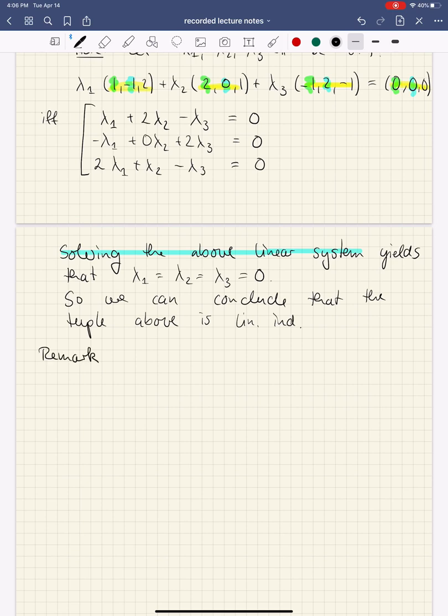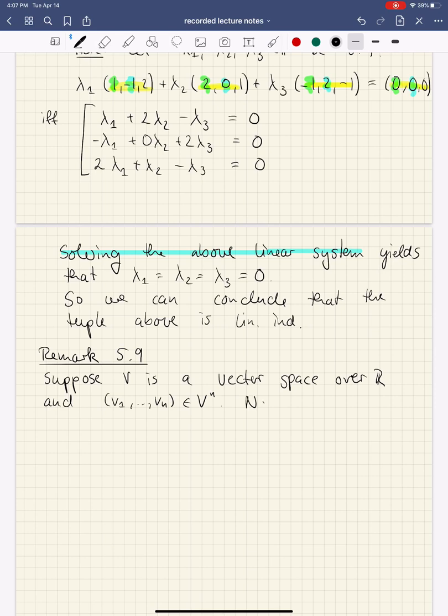So now let us go into analyzing more what happens for linearly independent vectors. So suppose V is a vector space over R. And we take a tuple of vectors in that space, so n many vectors in V. Now note that the following holds.